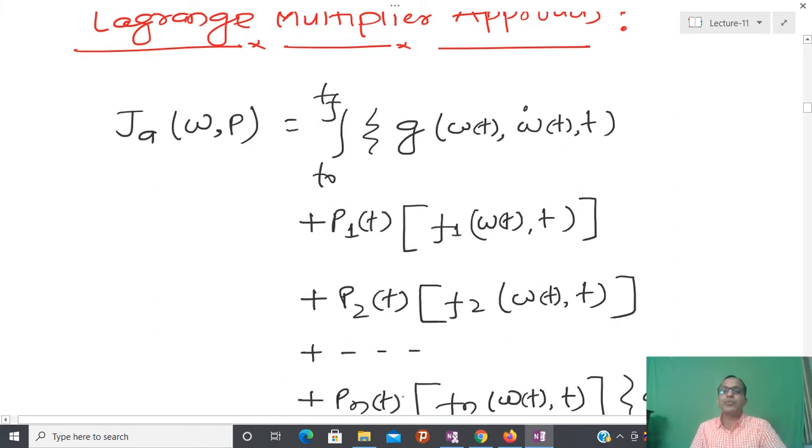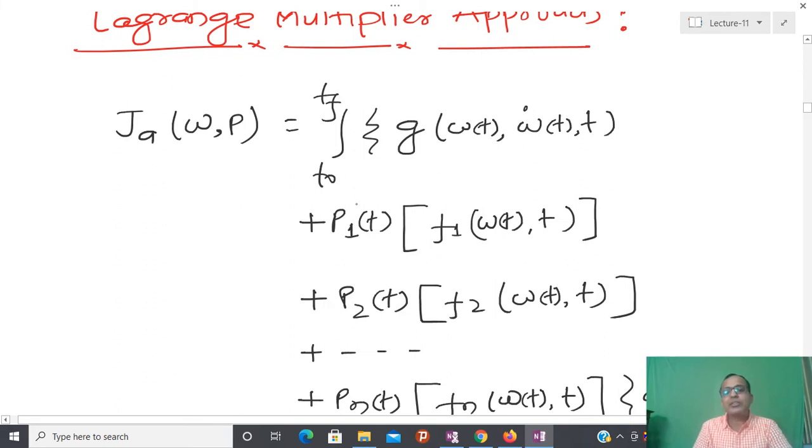Most of the time, whenever we talk about the extremization problem of functions, we assume p1, p2, pn are some kind of constant quantity. But here I am going to assume that all are varying with respect to time.